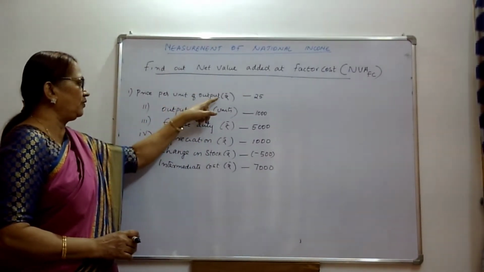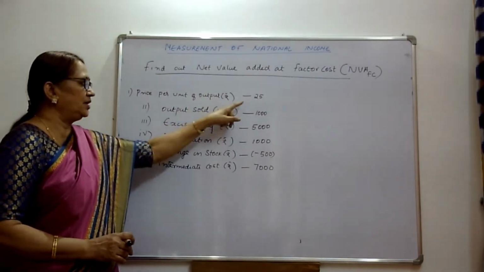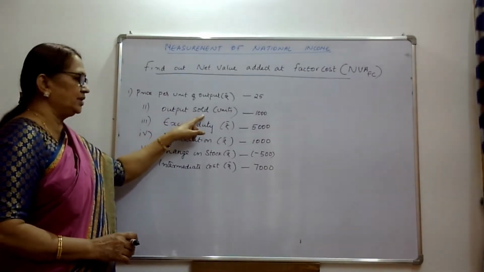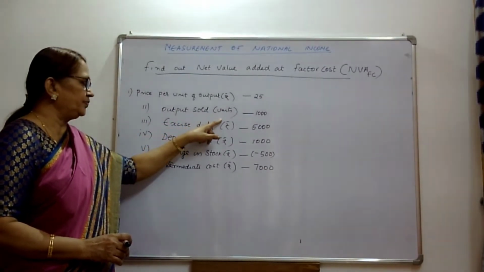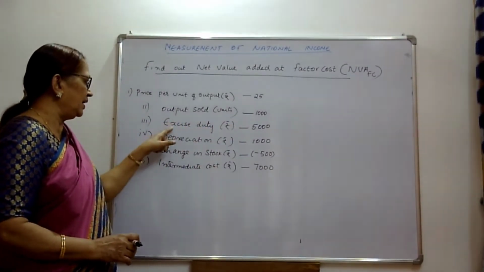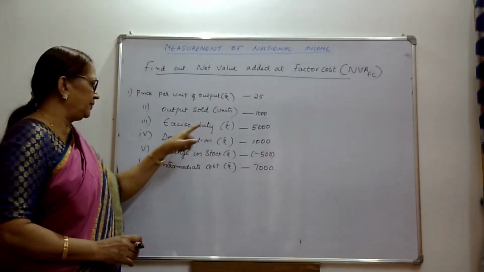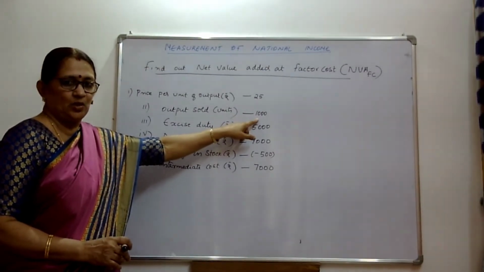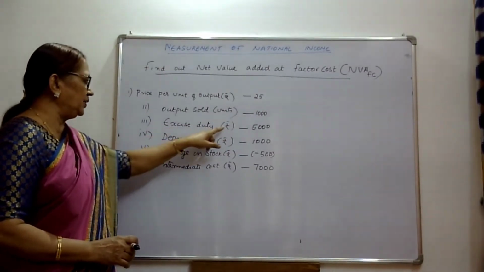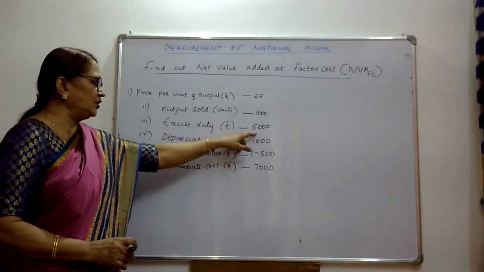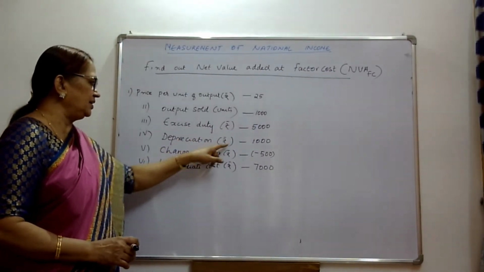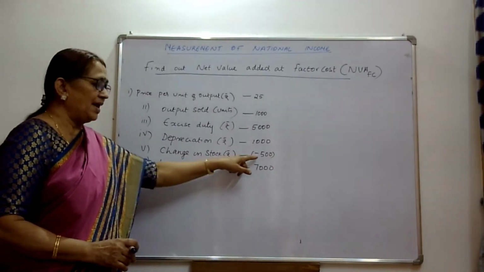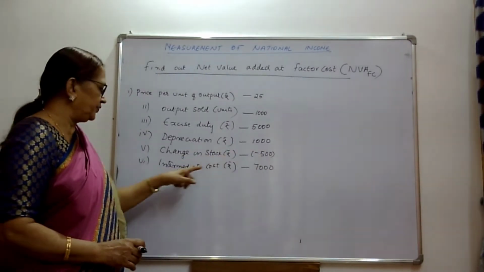Price per unit of output is 25 rupees. Output sold is 1000 units. Excise duty is 5000 rupees. Depreciation is 1000 rupees. Change in stock is minus 500.